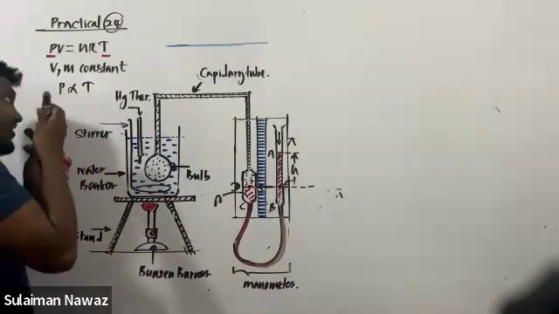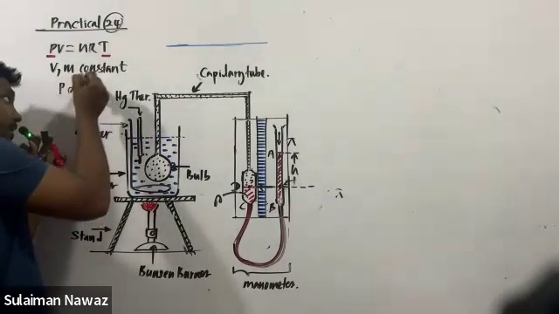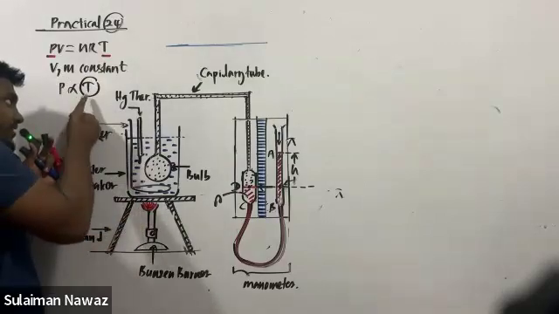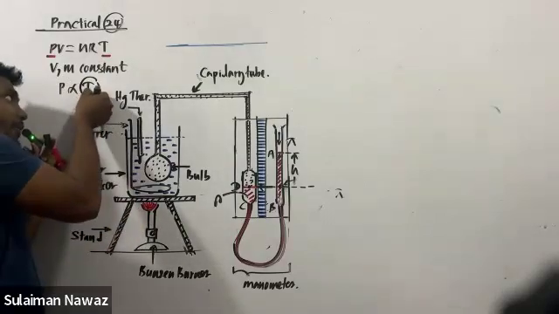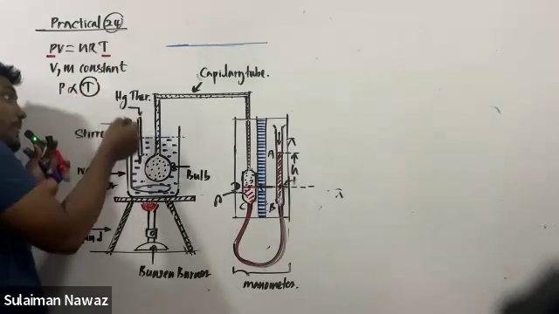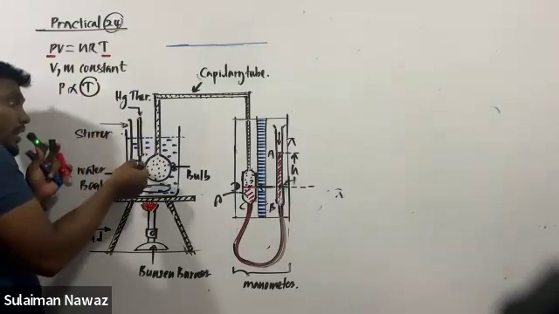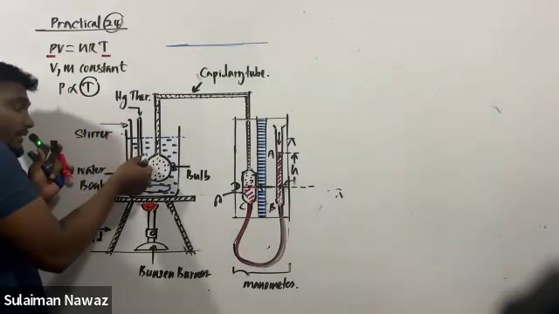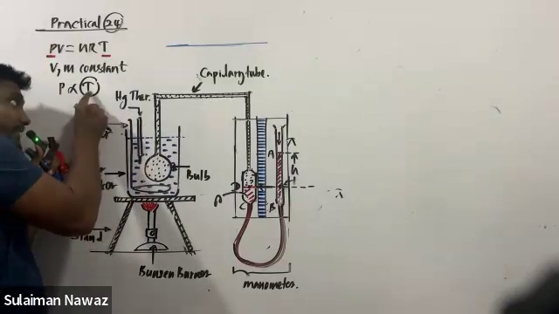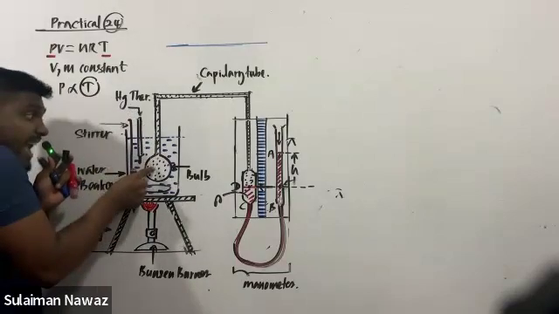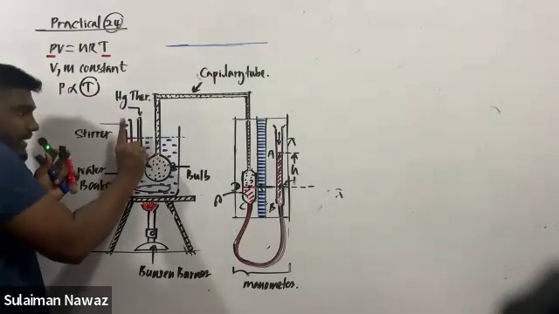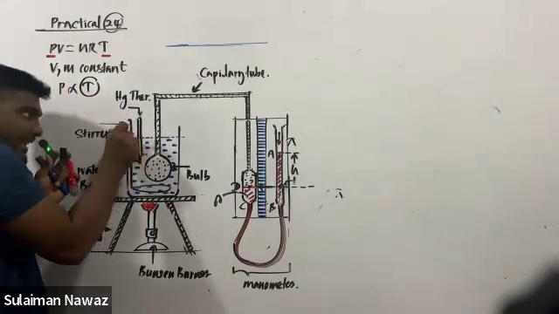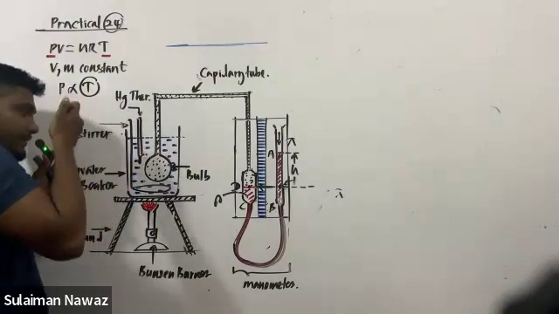So you are going to change the temperature by using the burner. But how are you going to measure the temperature? You have a thermometer inside the water, so you can measure the temperature of the gas using the thermometer. There are some points to be discussed at that point; I will tell you later.